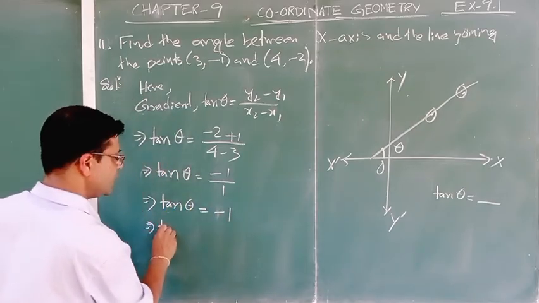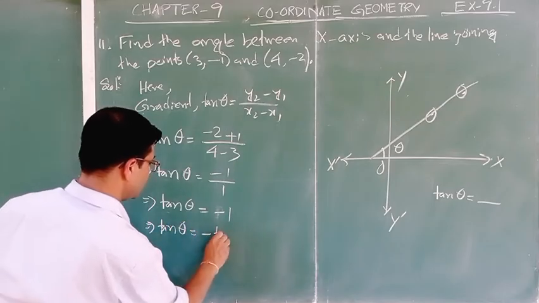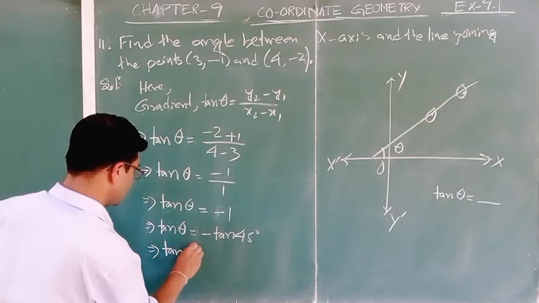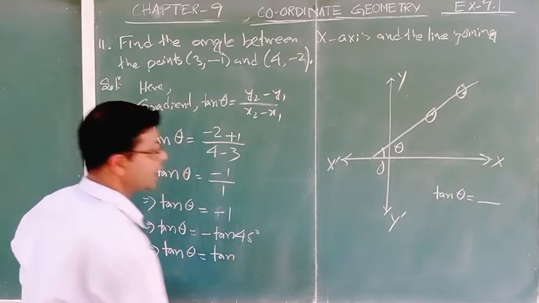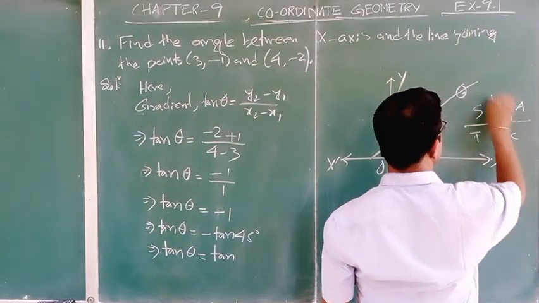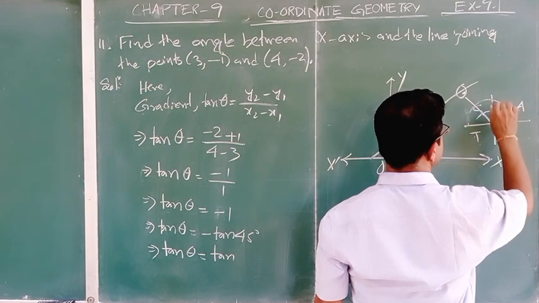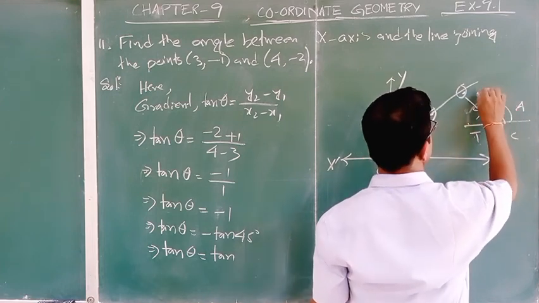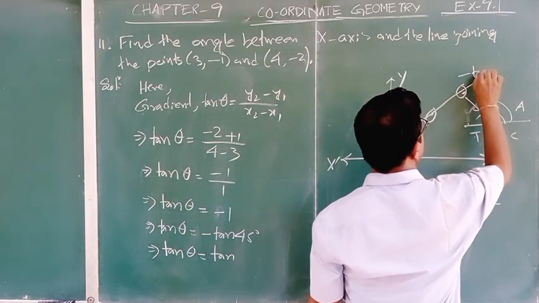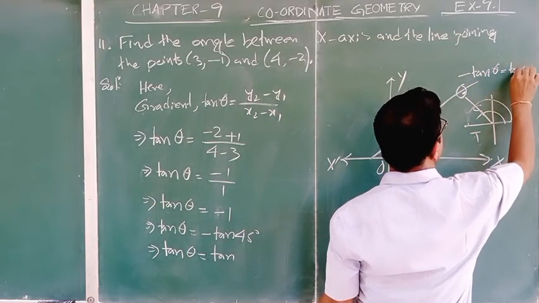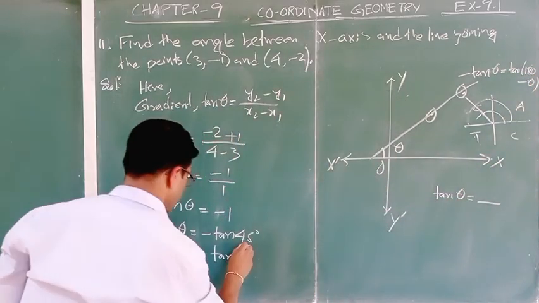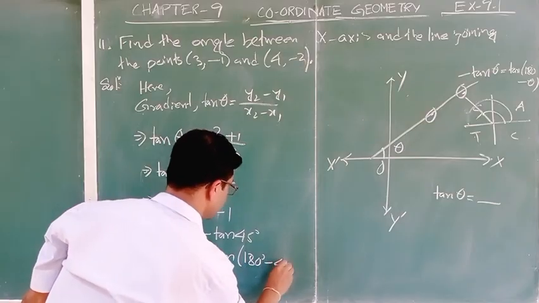So it is tan of 45 degree. This case we have done many times today, isn't it? How do we express tan in the second quadrant? ASTC. If the angle lies here, tan is negative. So tan of minus theta in this case is tan of 180 minus theta. In this way you write tan of 180 minus 45.